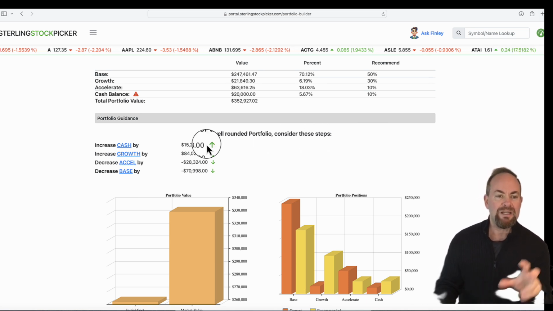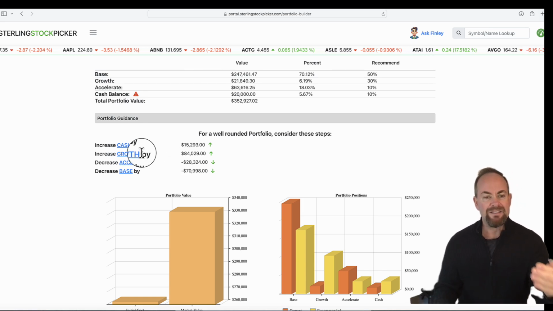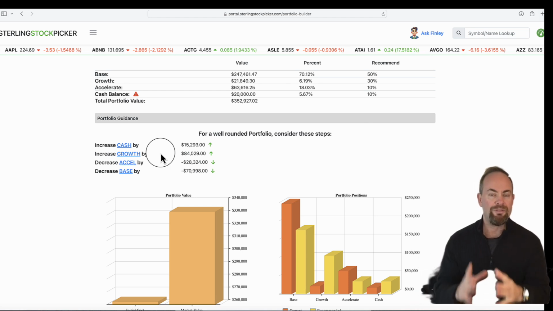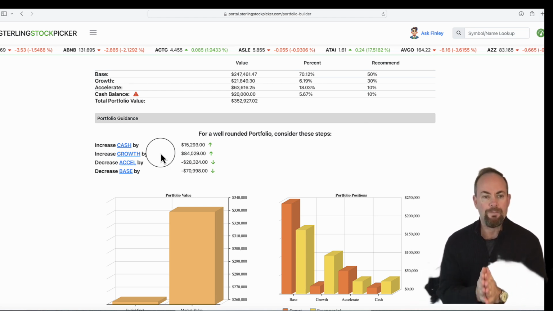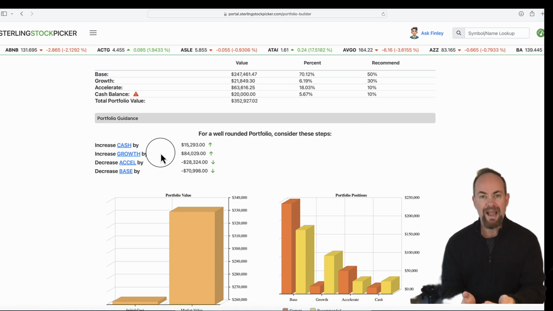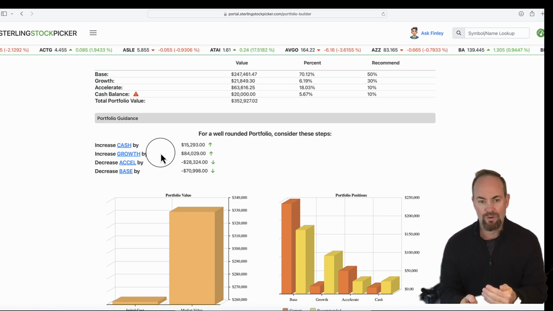It's asking me to increase cash by a certain amount. It's asking me to increase growth, the growth sector of stocks, by a certain amount. And the amounts come from the other categories, the Excel category and the base category.